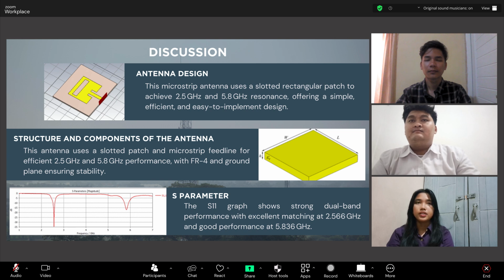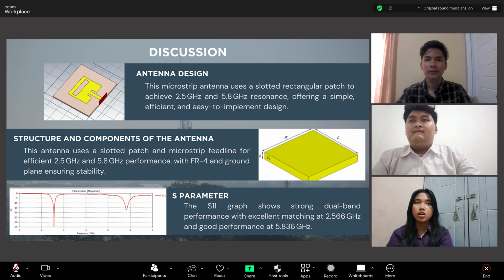And then the next part is the discussion about antenna components. The first component is the rectangular patch. The patch is the main radiating element of the antenna, made of copper in a rectangular shape. Its dimensions are calculated based on resonance at the first frequency, 2.5 GHz.